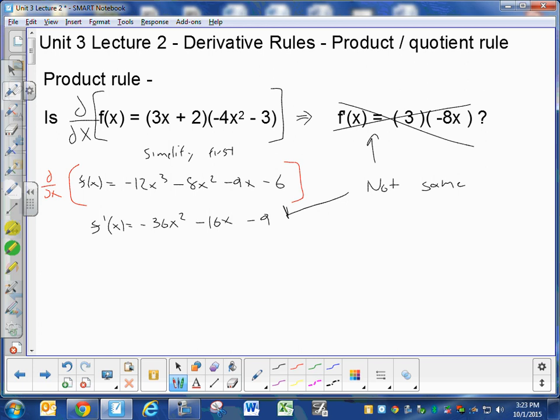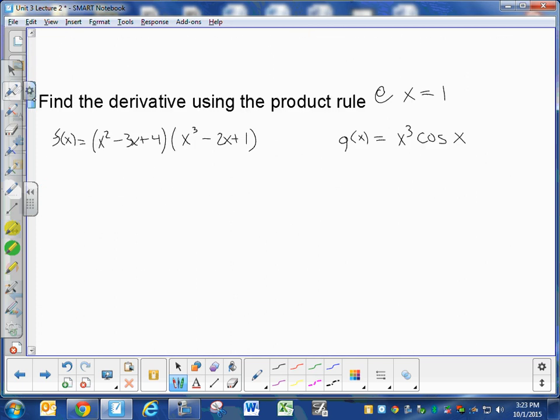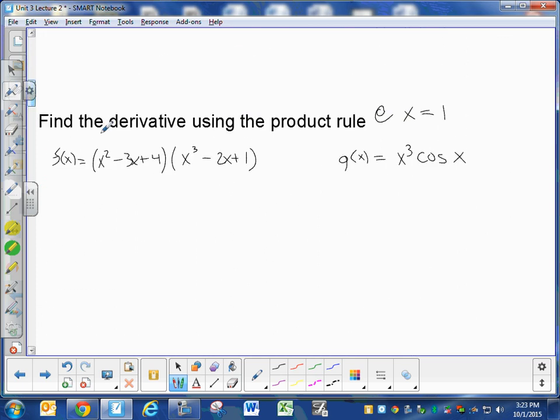So we need a new rule to be able to help us with products, because you might be thinking, well, I'm just going to have to simplify whenever I see a product. Well, if I have something like this guy right here, I don't want to simplify that. Or if I have something like this guy here, I can't simplify this.